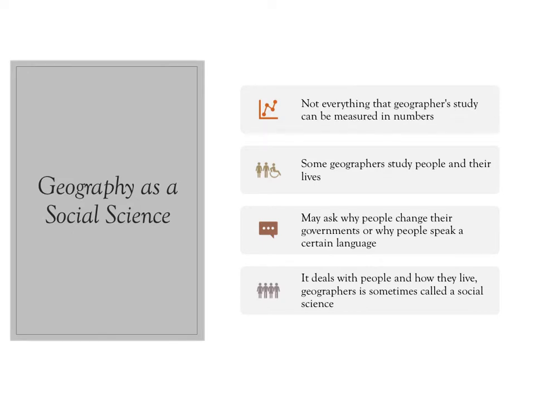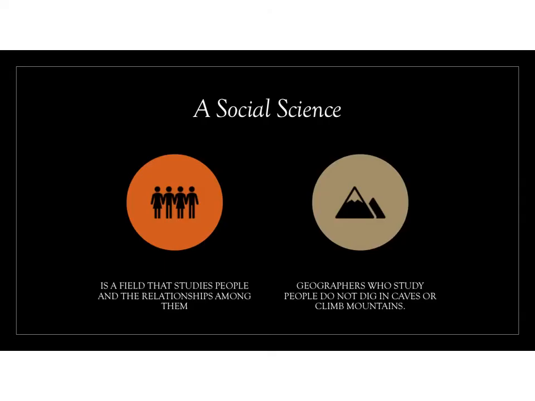Such information cannot be measured in numbers. For this reason, sometimes geography is called social science. Why? Because it is studying people and the relationships among them. So, to summarize, geography as a social science is a field that studies people and the relationships among them.